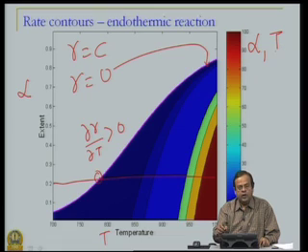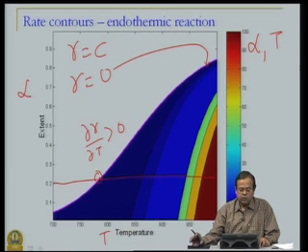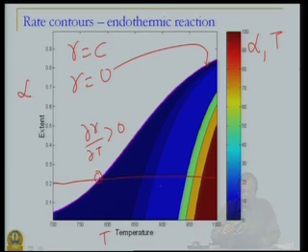So, we have to worry about that link, but we will come to that in a minute. Let us go to the exothermic reaction, and for the exothermic reaction we see a different scenario. What different scenario are we referring to? If you look at these contours, all these contours are monotonic.